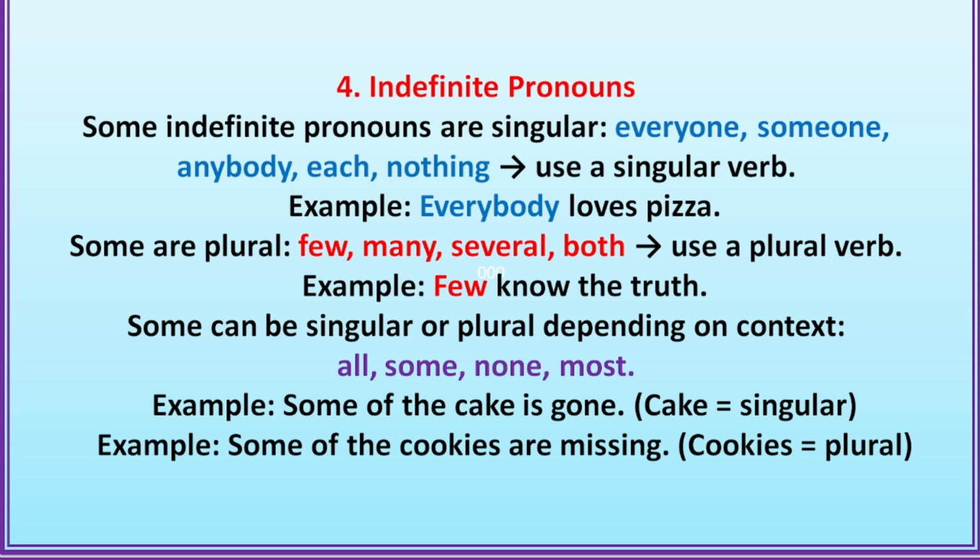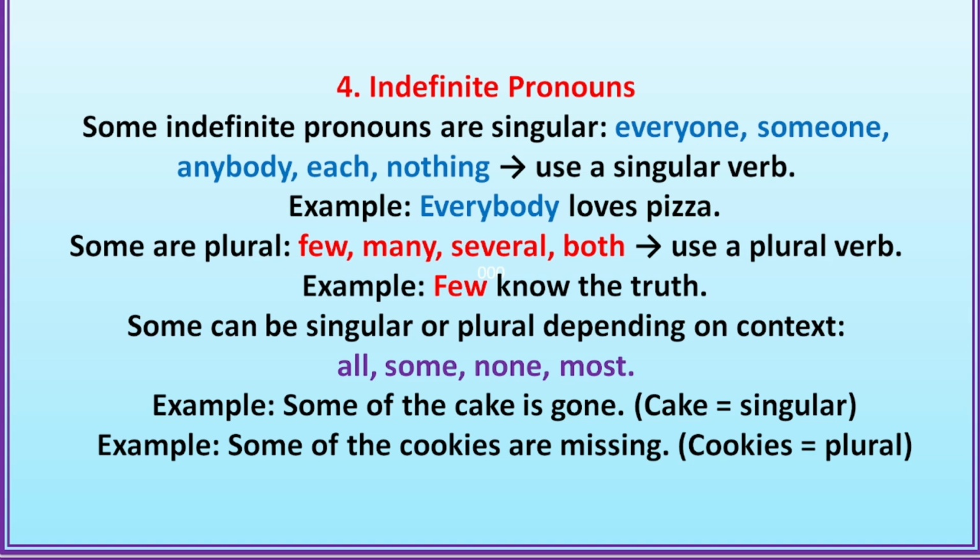After these pronouns there should be a subject, meaning a noun. If the noun is singular, then we use a singular verb. If the noun is plural, then we use a plural verb.